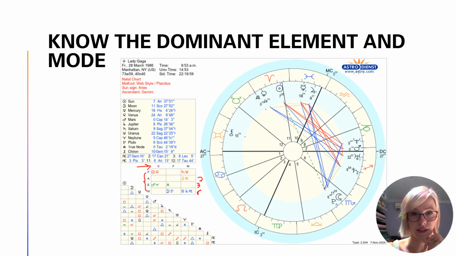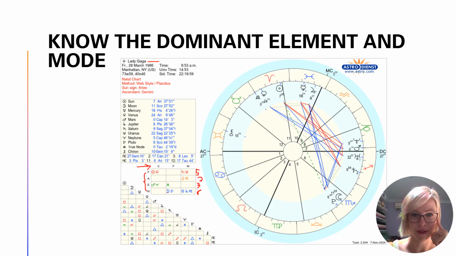Oh yeah, you can see up here whose chart it is. It's Lady Gaga's chart. It's an interesting one. Fire, 1, 2, 3, 4, but I'm going to give an extra point to the sun up here. So we go 5. So her dominant element is water, although she does have a lot of fire energy in her. So keep that in mind.